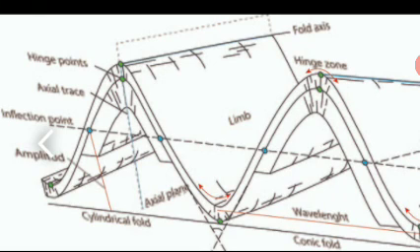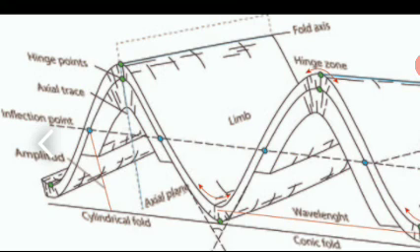Axial plane is an imaginary plane or surface which divides a fold into two equal halves, or the axial plane is the surface connecting all the hinges. Axis of fold is the line of intersection between the axial plane and the surface of any constituent rock bed.